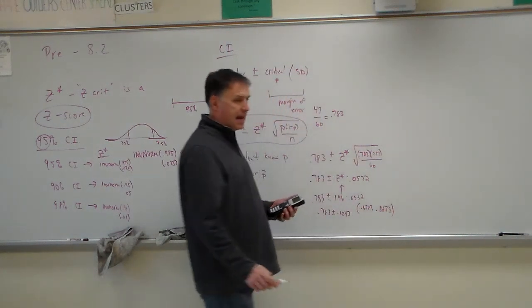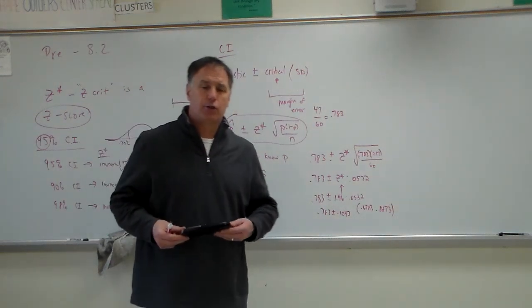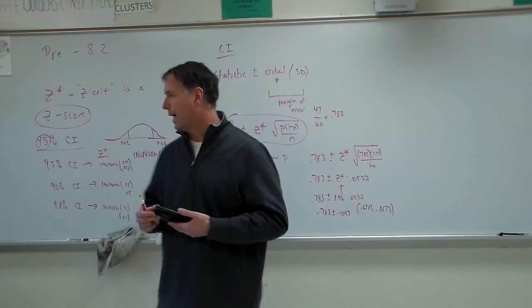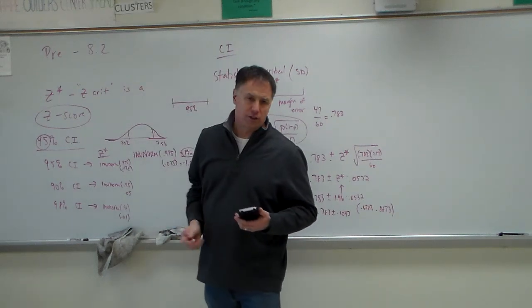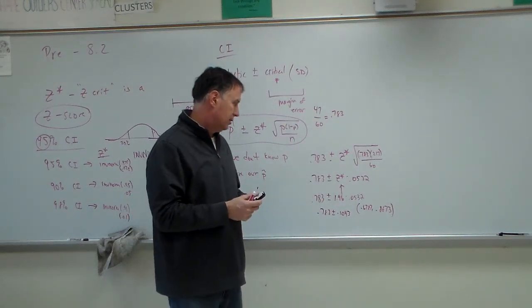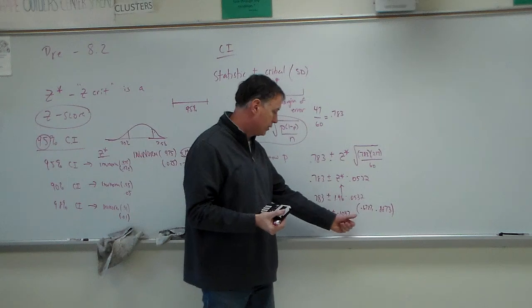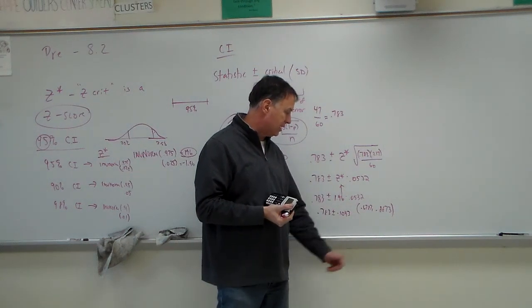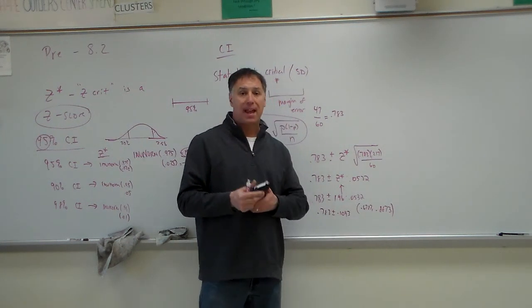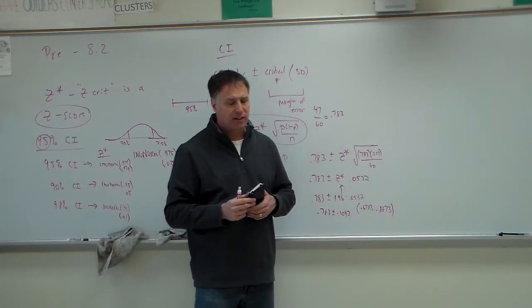So, I am 95% confident that the true proportion of people who like those orange circus peanuts is captured in the interval from 0.6787 to 0.8873. And that is your first confidence interval.